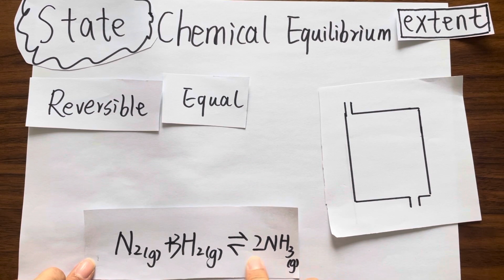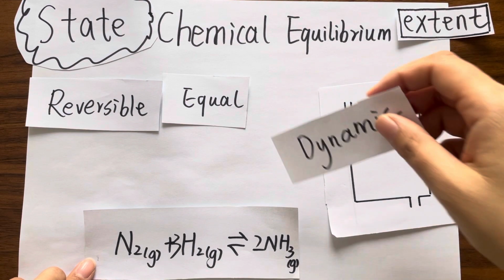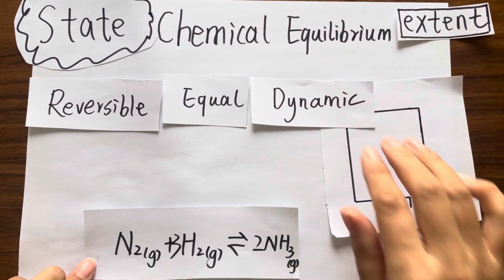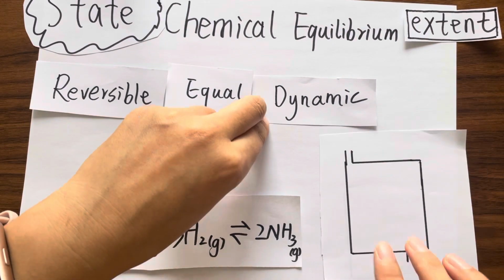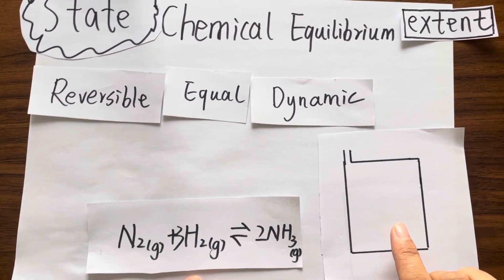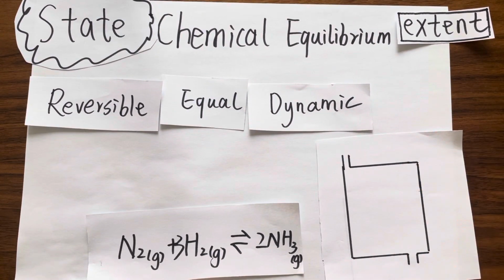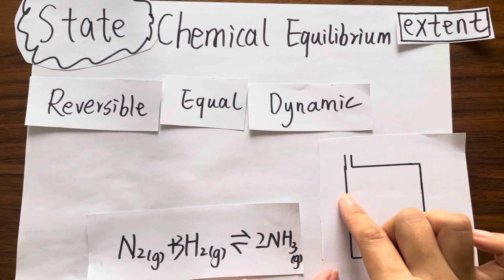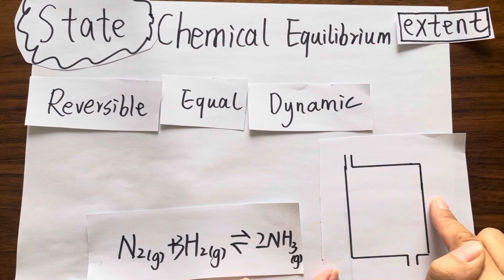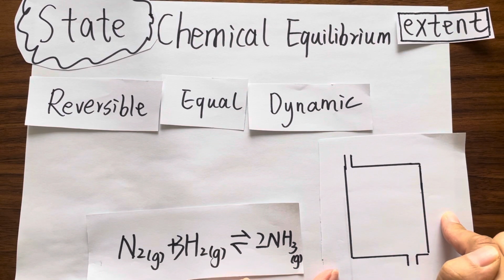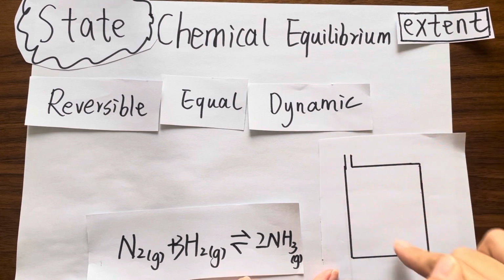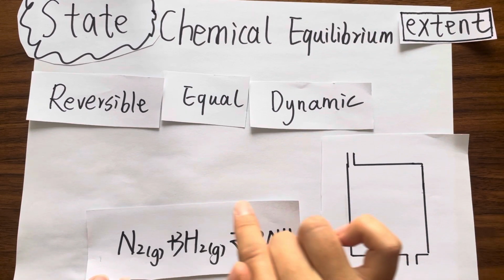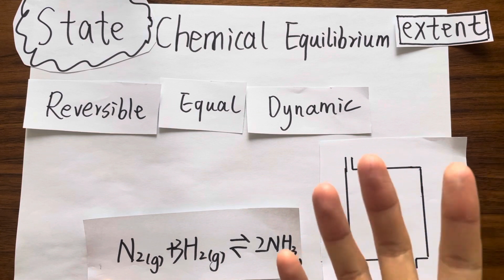The third word I chose is dynamic. Dynamic means that for this model, all this process is still going on, even though the water level remains the same. It doesn't mean that the water has ceased, right? The water is still going in and out. So this is a dynamic process.